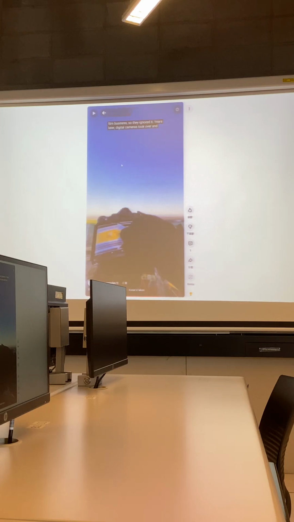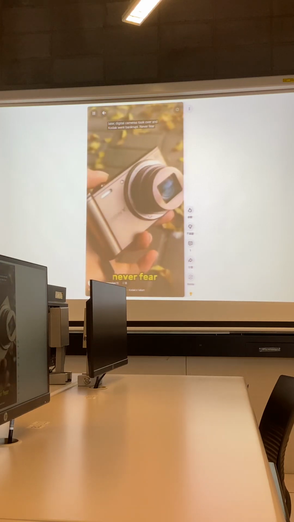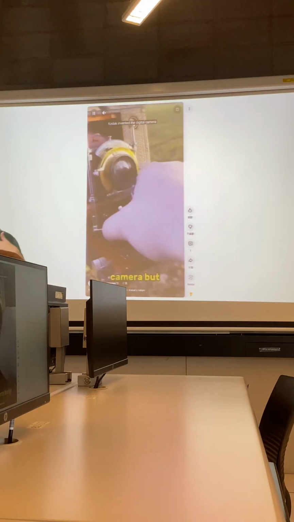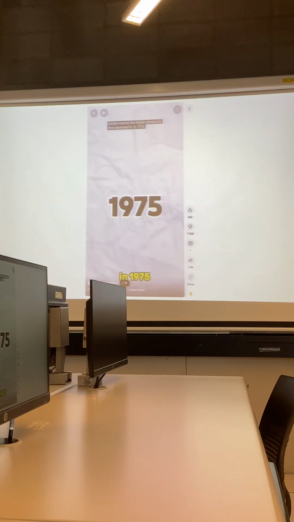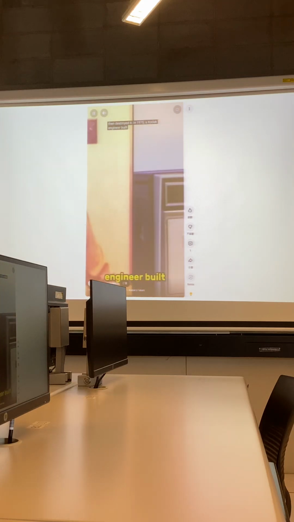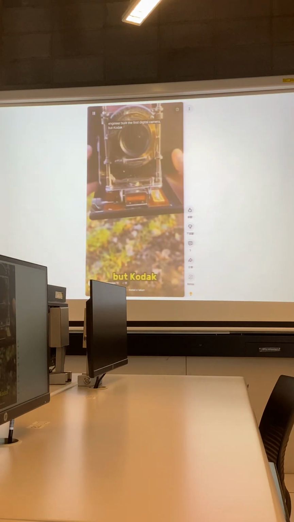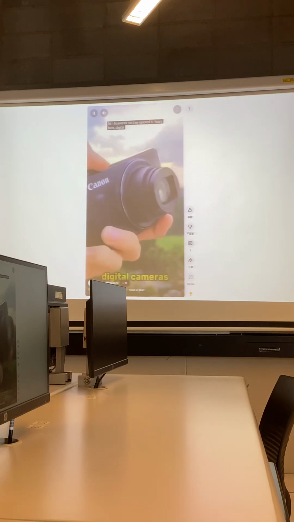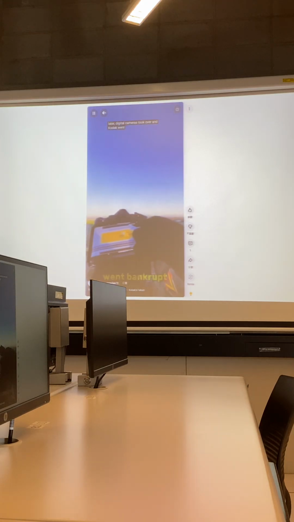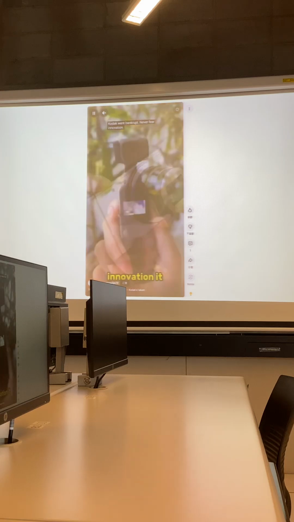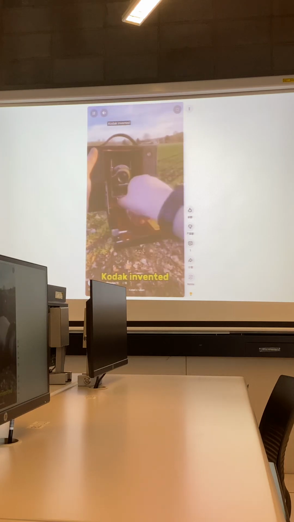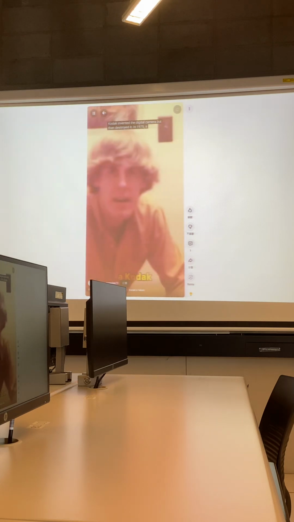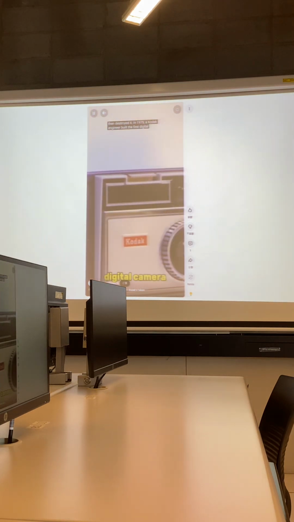So in 1975 Kodak had already invented a digital camera, but Kodak thought their strength was the camera roll, their specialty, kind of like a trademark, and that moving to digital cameras would kill it. But again, the company misjudged.